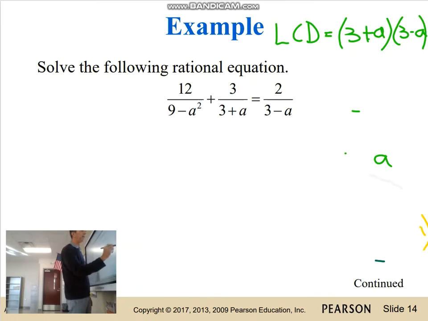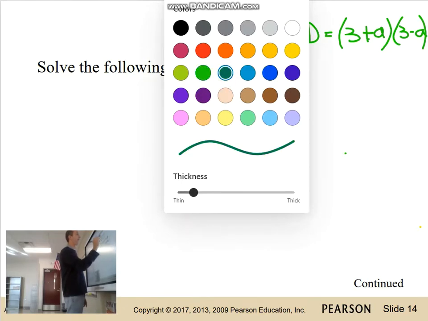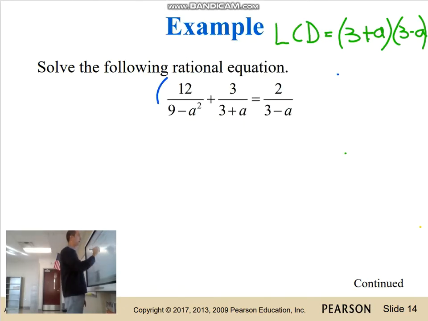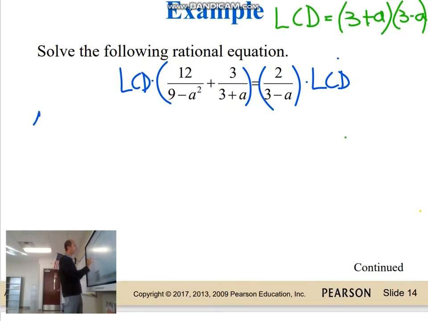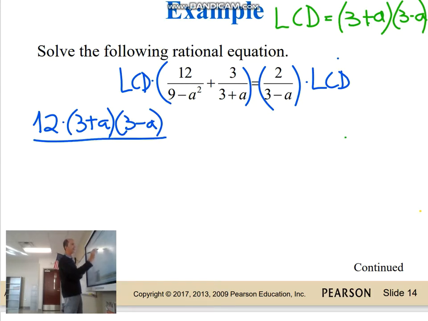Let's multiply both sides of the equation by this least common denominator. Multiply by the least common denominator, and we will have first 12 multiplied by 3 plus a, 3 minus a, over 9 minus a squared.